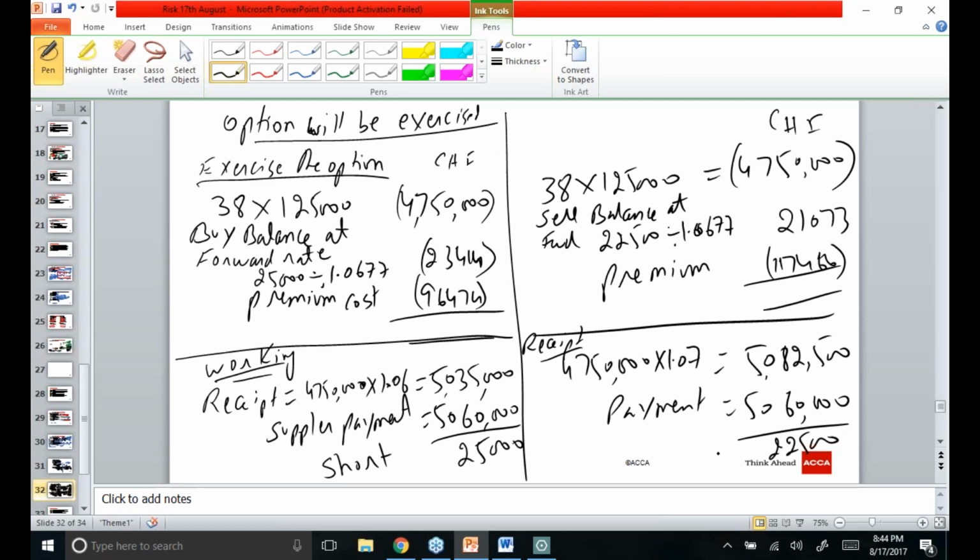If you are in the exam and you are short of time and you have this question, you can ignore this over-hedging or under-hedging amount, just by stating in the exam that you have taken an assumption that you are going to ignore this overhedge or underhedge amount because it is immaterial.